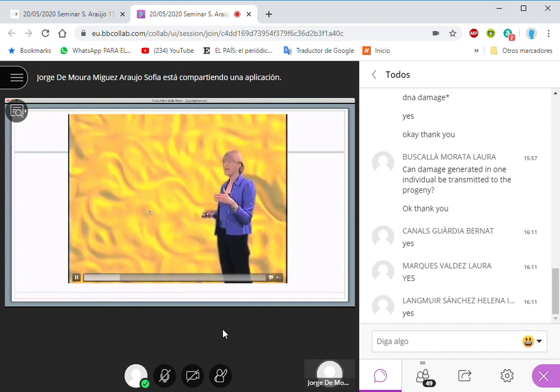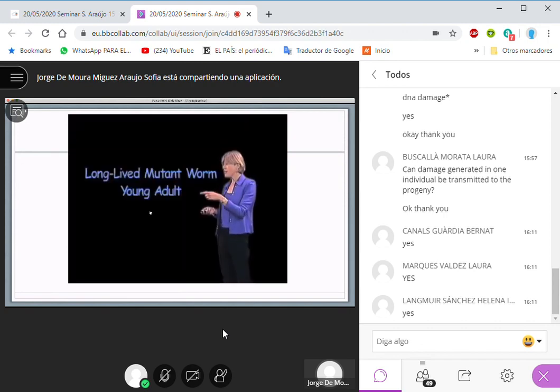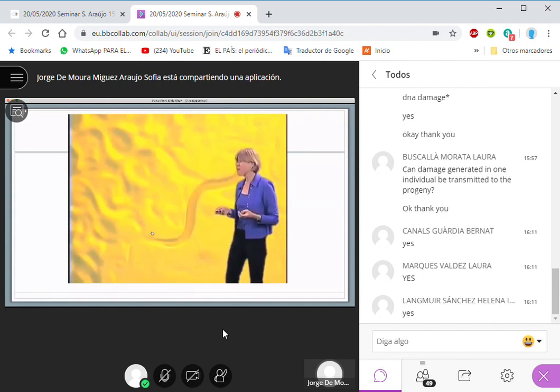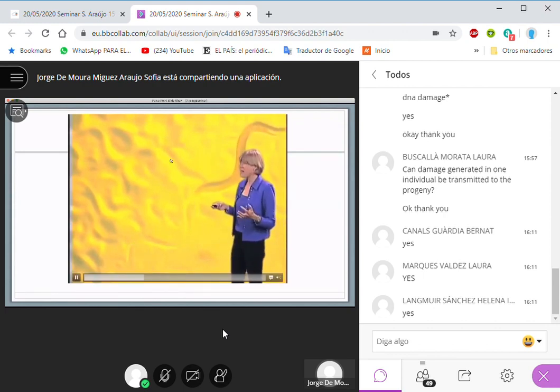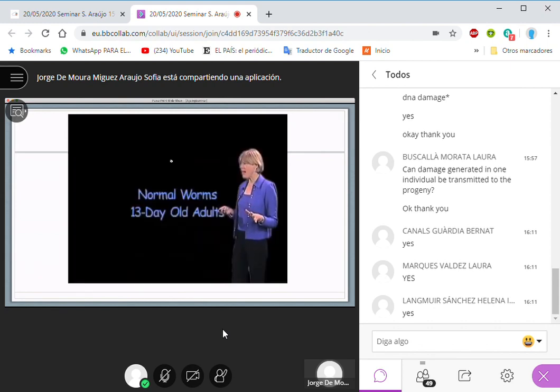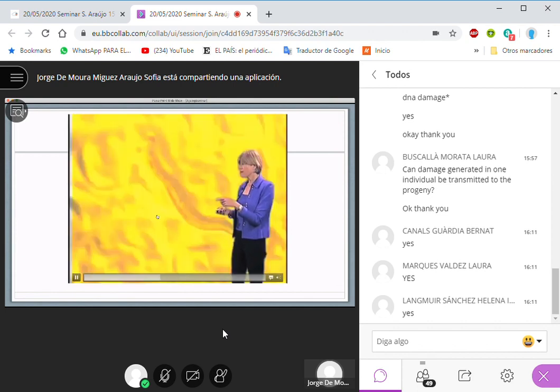And so then what they did is they wanted to look at the ones that came out of the screen. They looked at the mutants when they were young, and they looked exactly normal. So they were mutants, but in younger stages, they moved and had all the characteristics of a normal worm. But then they looked at the older wild type. So normal worms that were 13 days old looked like this, and you saw a picture before.